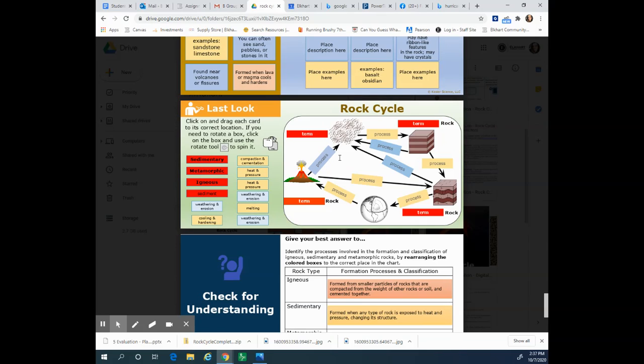So your process here is going to tell me if it's heat or pressure or if it's cementation. That is your process, your blue processes. Now your tan processes, you're going to tell me if it is compaction, heat and pressure, or cooling and hardening. And then your terms is where you identify what kind of rock it is to start with.